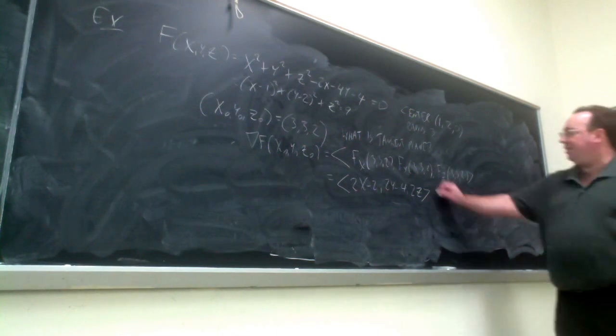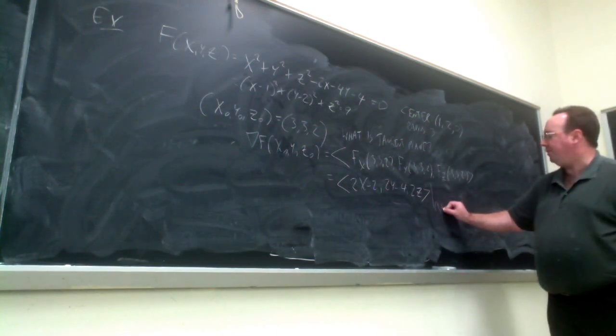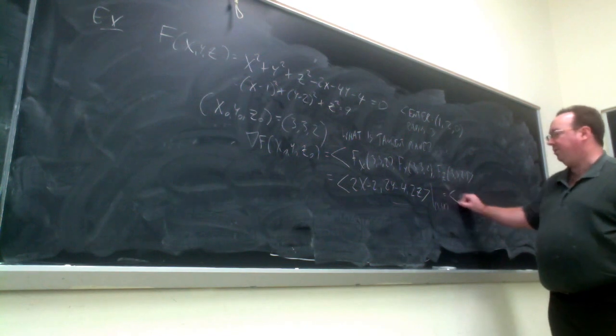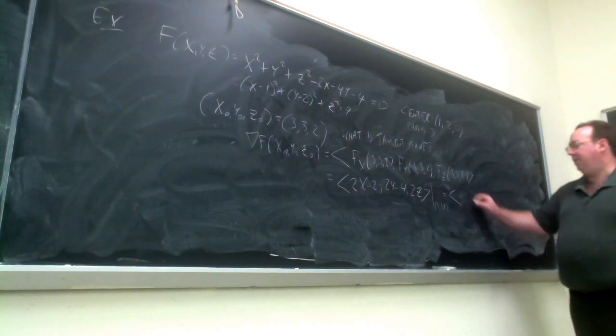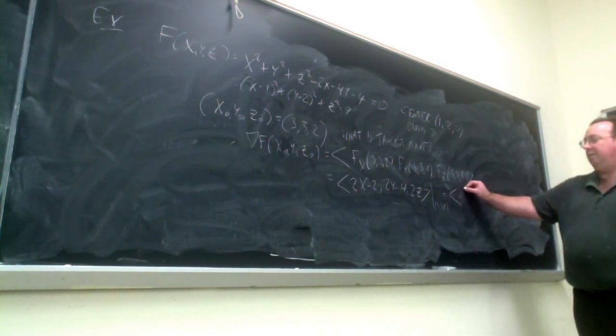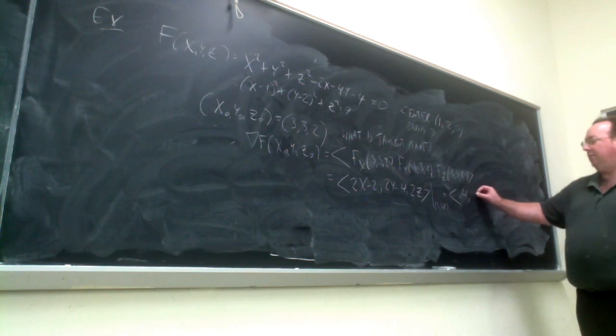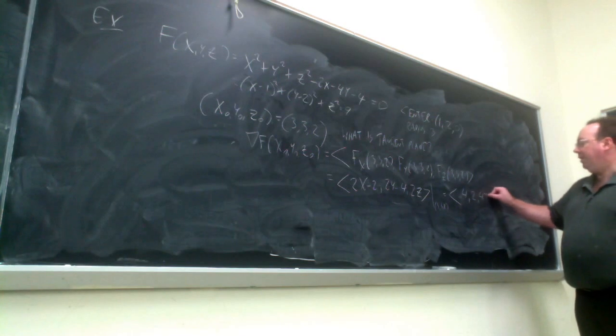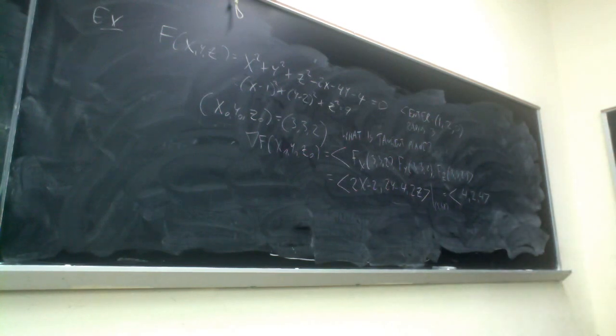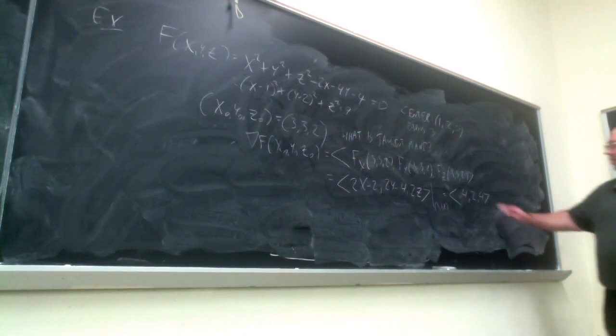And we're evaluating this at the point 3, 3, 2. So what would that give me? 6 minus 2, 4, 2, 4. Yeah, so that is what the gradient is at that point.